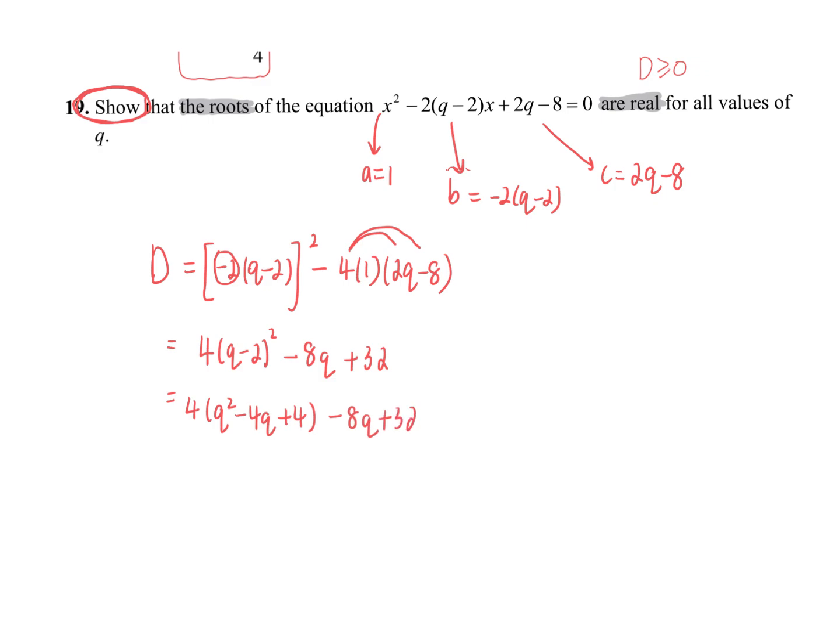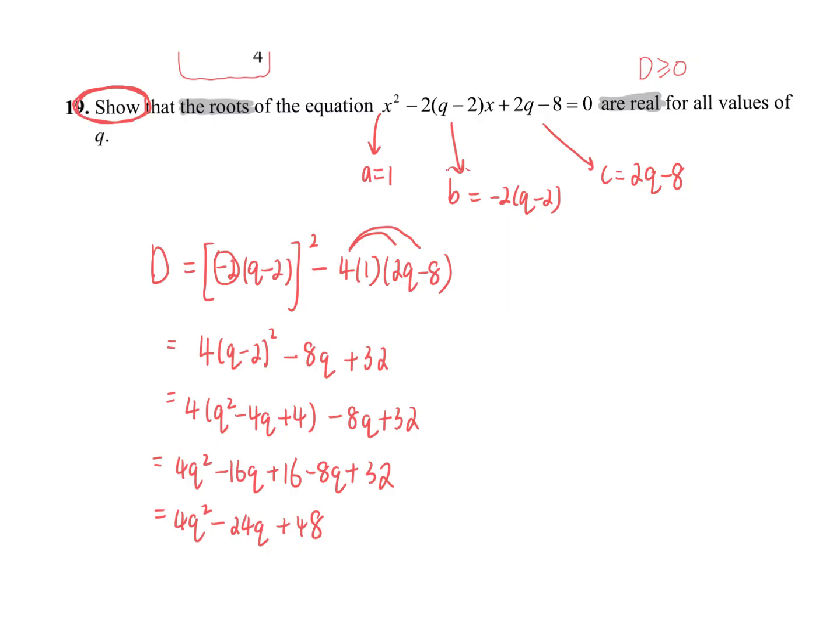Okay, and then you eventually simplify it. Minus 24q, 48. Okay, so you end up reaching a quadratic.